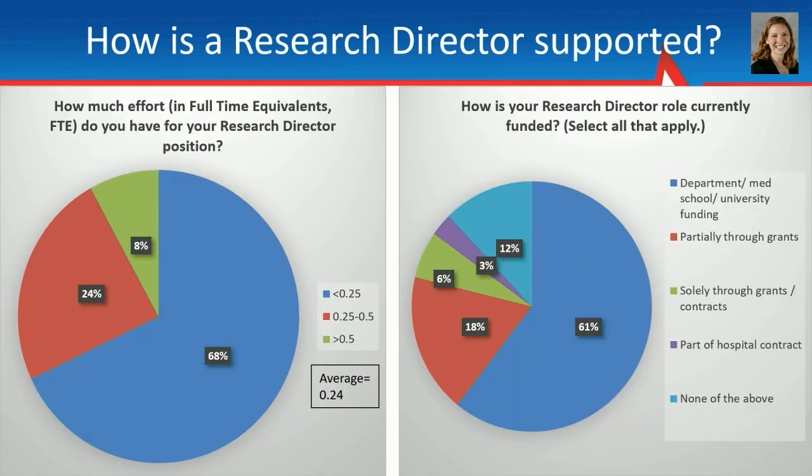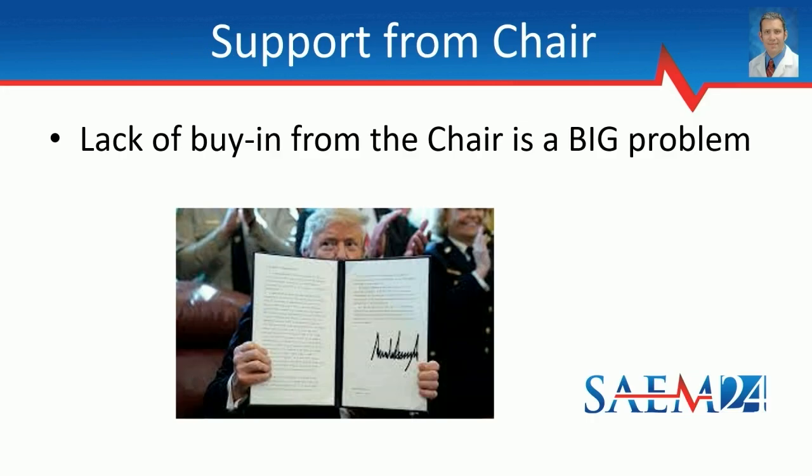And then how much effort do you have for your research director position? 68% had less than 0.25, whereas 8% had greater than 0.5. And how is your research director role currently funded? Most people said it was funded by the department, the med school, or the university.